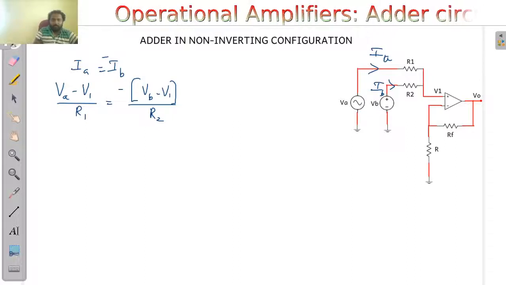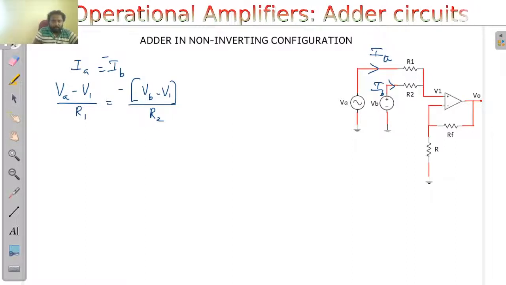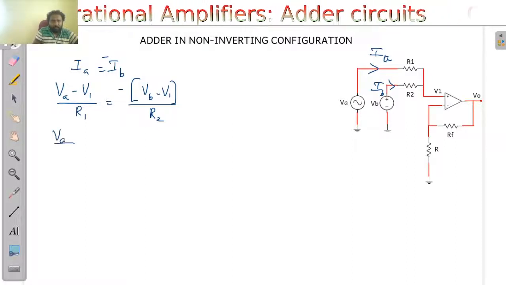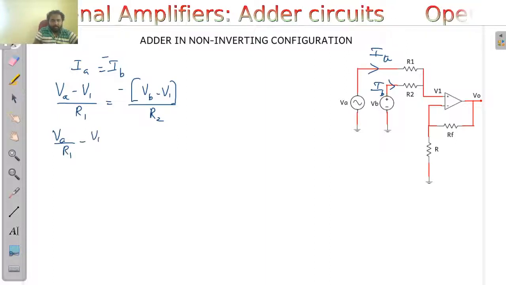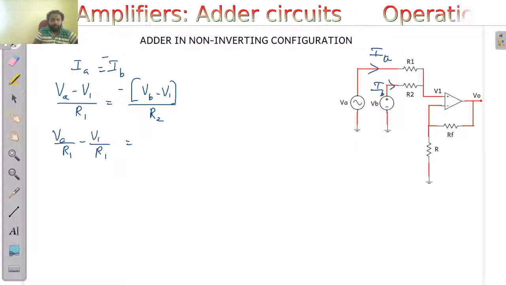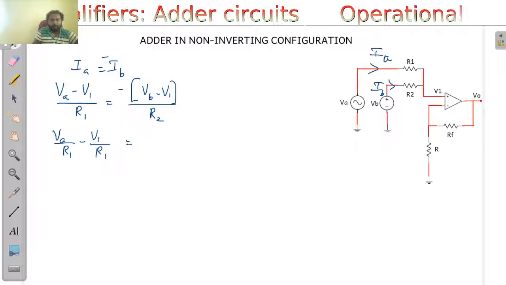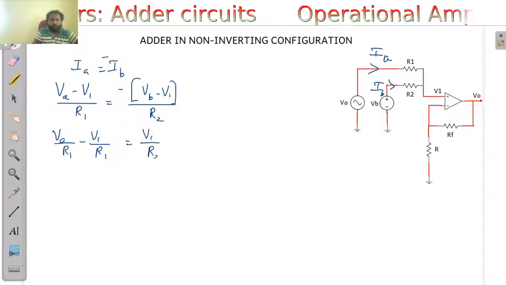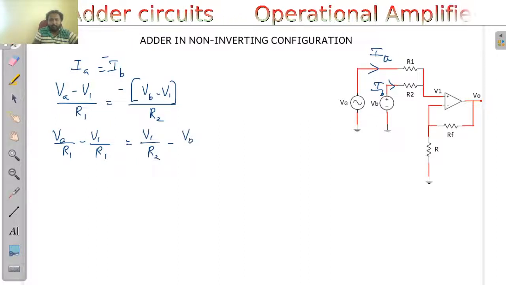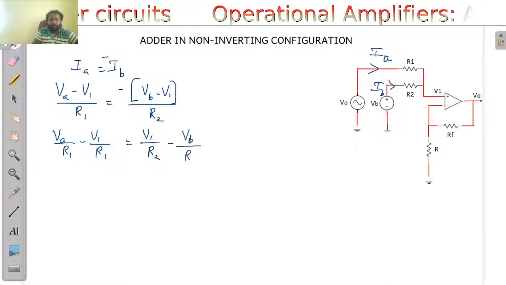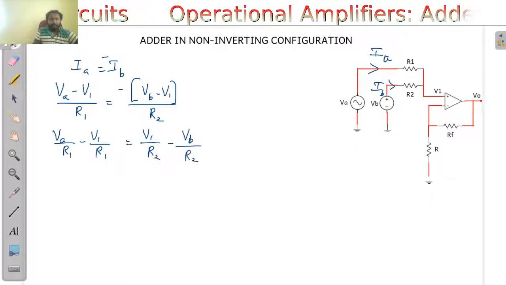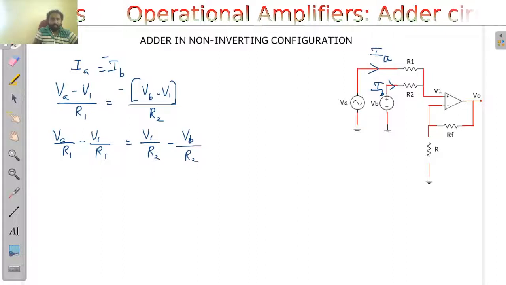So just open this up, and when you open it up, you can see VA by R1 minus V1 by R1, which is equal to V1 by R2 minus VB by R2. So you can take the V1s to one side and the other things to the other side.